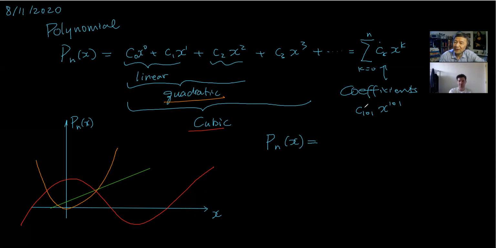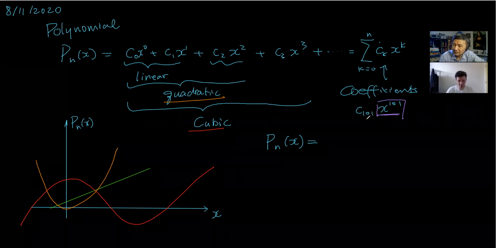If you want to simplify, there's no point in keeping the x part, because the subscript already gives you that information.